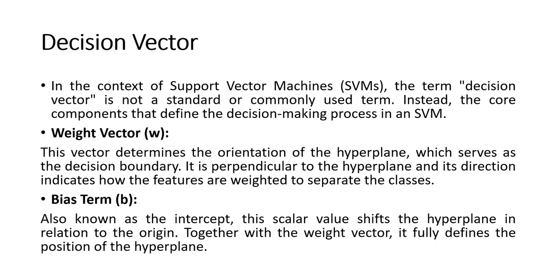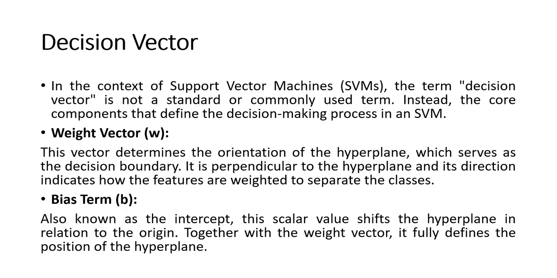Instead, the decision-making process in an SVM is mainly determined by two important components. Number one, weight vector, that is W, and number two is bias term, B.